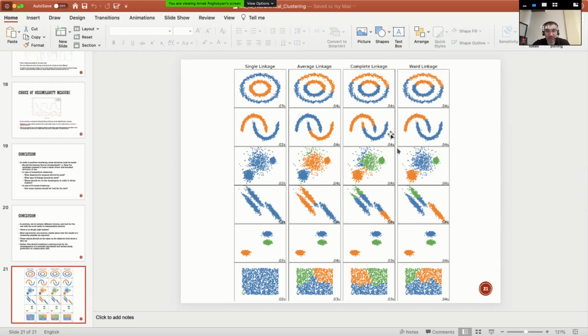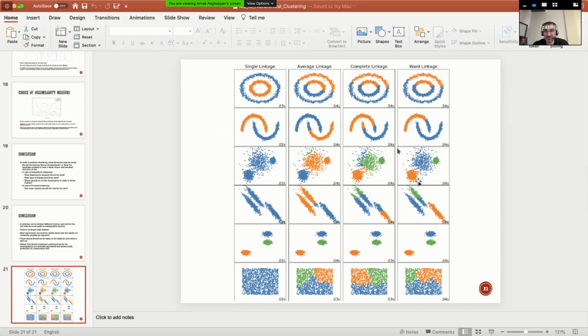So when you have such strange shapes, you can easily use single linkage. However, in the third example, single linkage is not working, because we have blobs, convex shapes, and that is why average, complete, and Ward linkages work better.